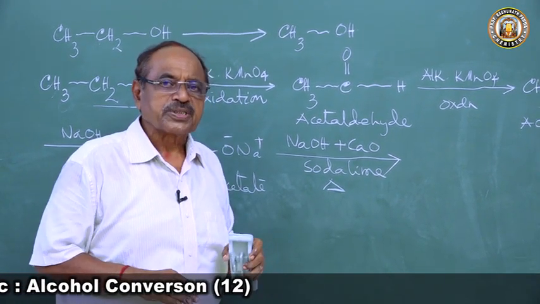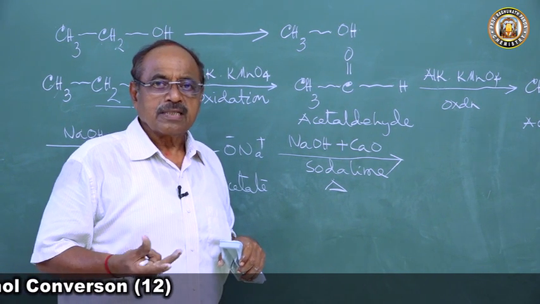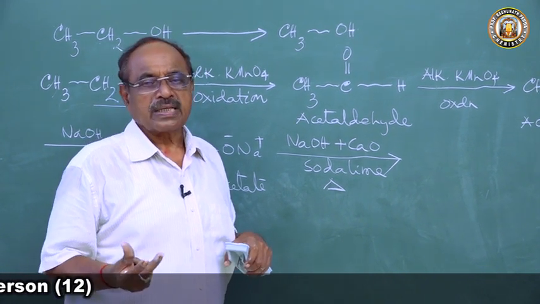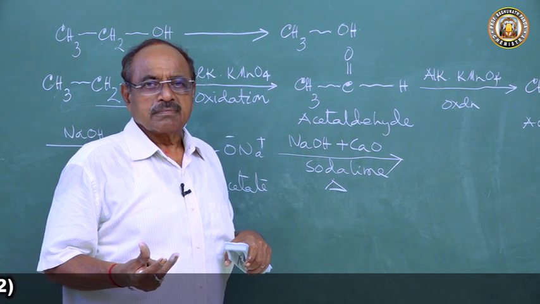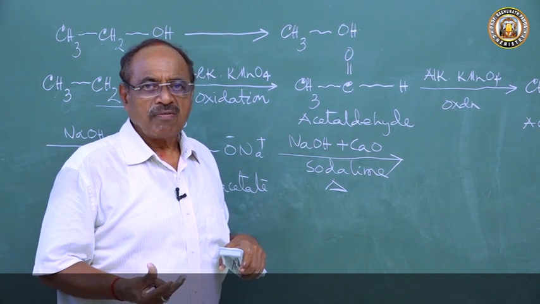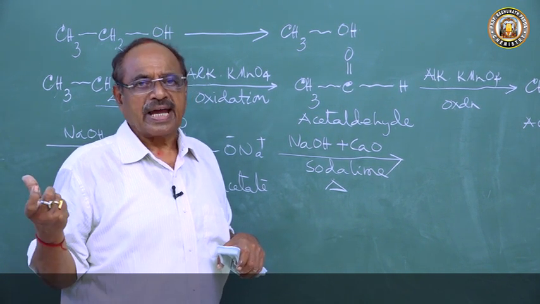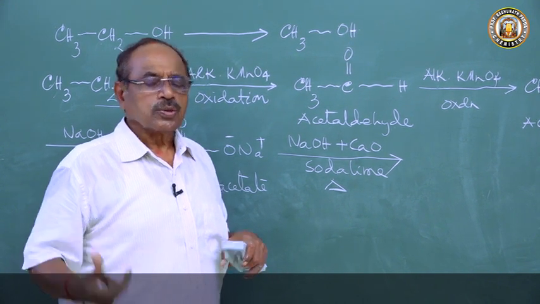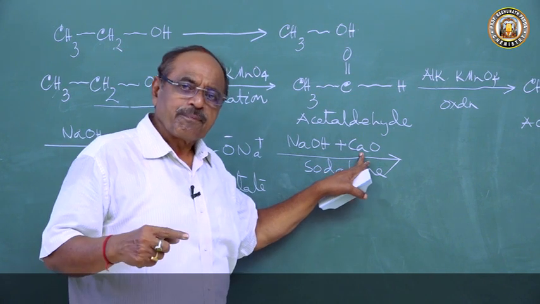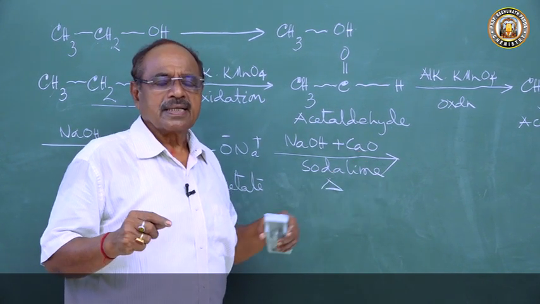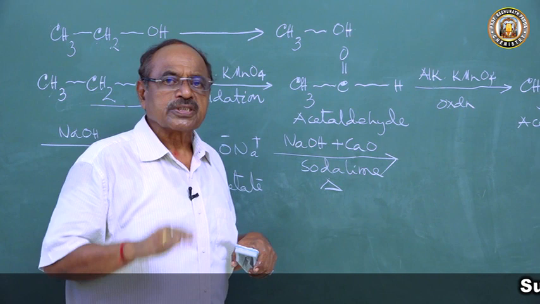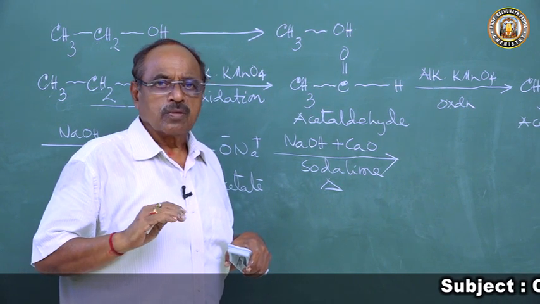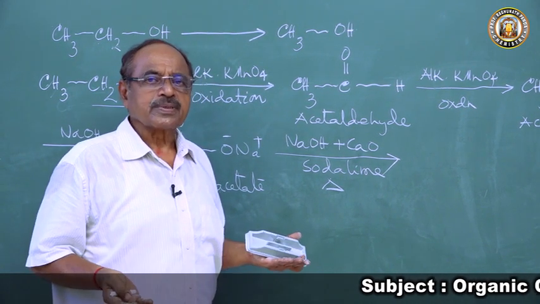The calcium oxide, called quicklime, has the property of absorbing carbon dioxide. Another property it has is that it decreases the decomposition temperature, so the decomposition is possible at a lower temperature.